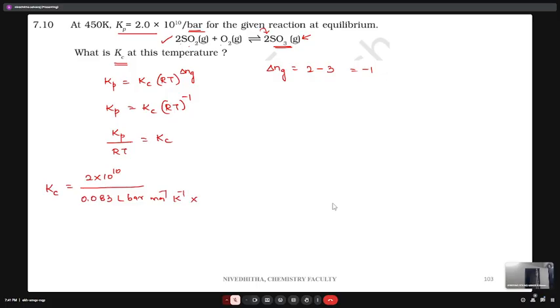What is the temperature, Kana? 450 Kelvin, ma'am. 450 Kelvin. That's it. So we have substituted all the values, right? Could you please tell me the value of Kc? Please come up with the approximate value. That is enough.